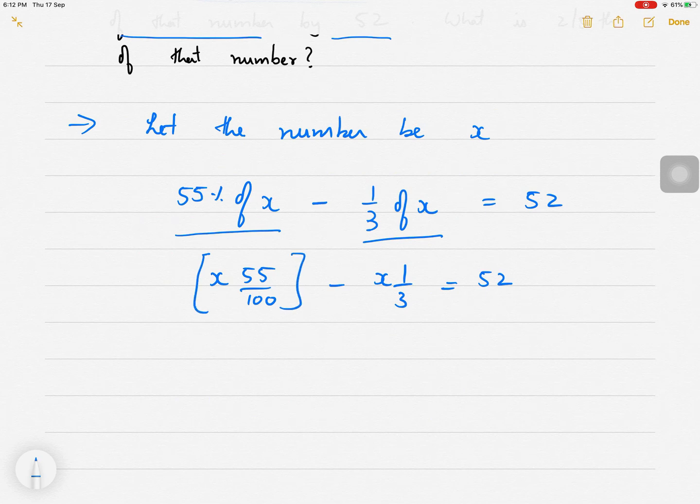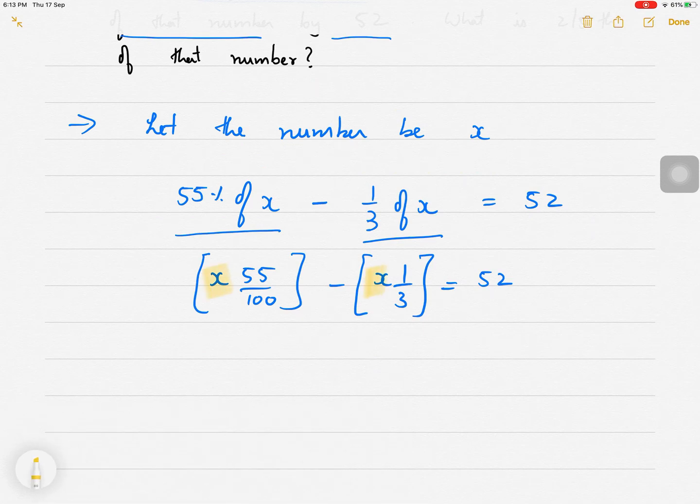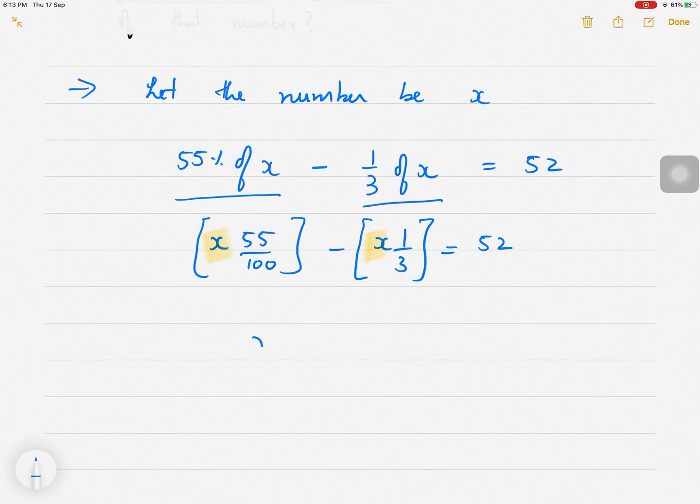Okay, so this is my equation. x is common, right? I want to find the value of x, so I'll take x out.